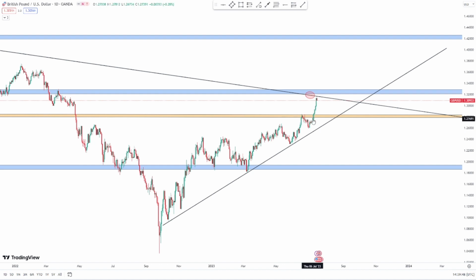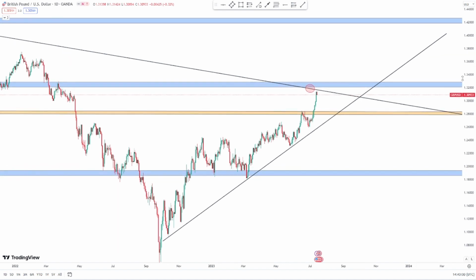But before then, I'll wait for a pullback into this Fibonacci and this previous resistance level, which will be the third touch of this trend line, for a buy position to the upside.